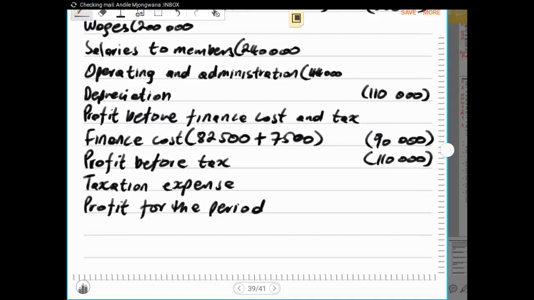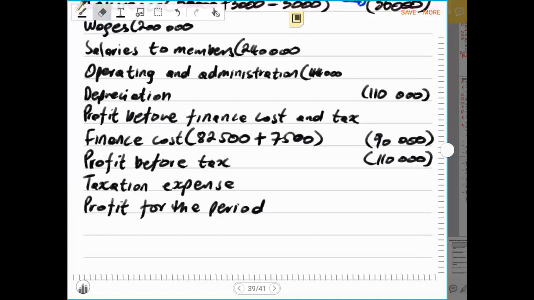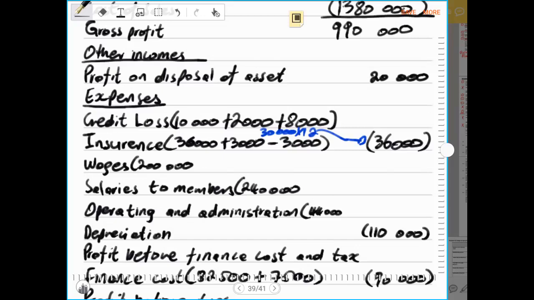Taxation expense 110,000 rands. So now if that is the last adjustment, we can just calculate the total for all the expenses that we had. The salaries or the wages of 200,000 rands are just supposed to be recorded as they are because there was no adjustment.